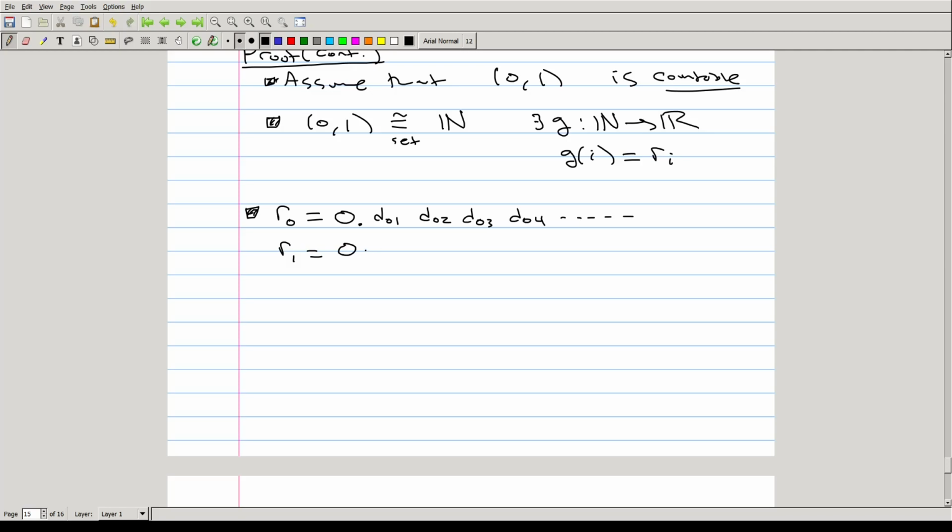R1, its unique decimal expansion, is going to be 0.D11, D12, D13, D14, and so on and so forth. R2 in its unique decimal expansion is going to be 0.D21, D22, D23, D24.